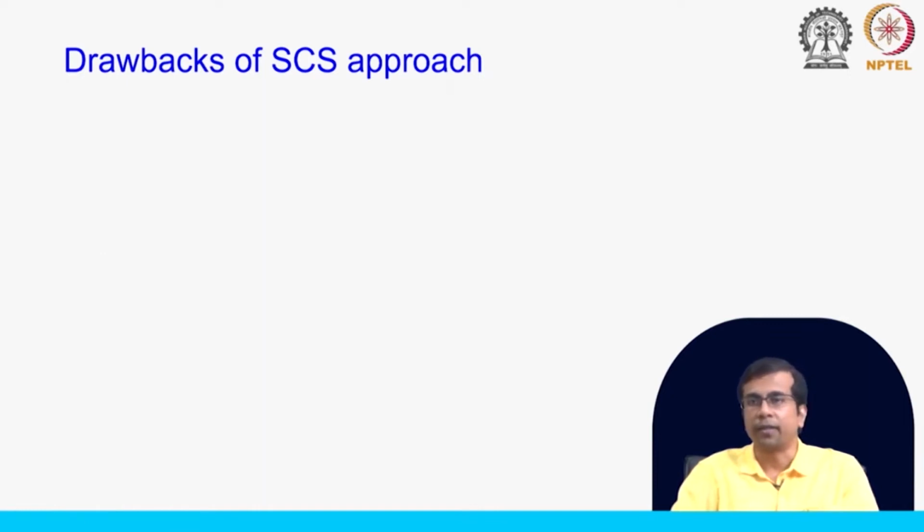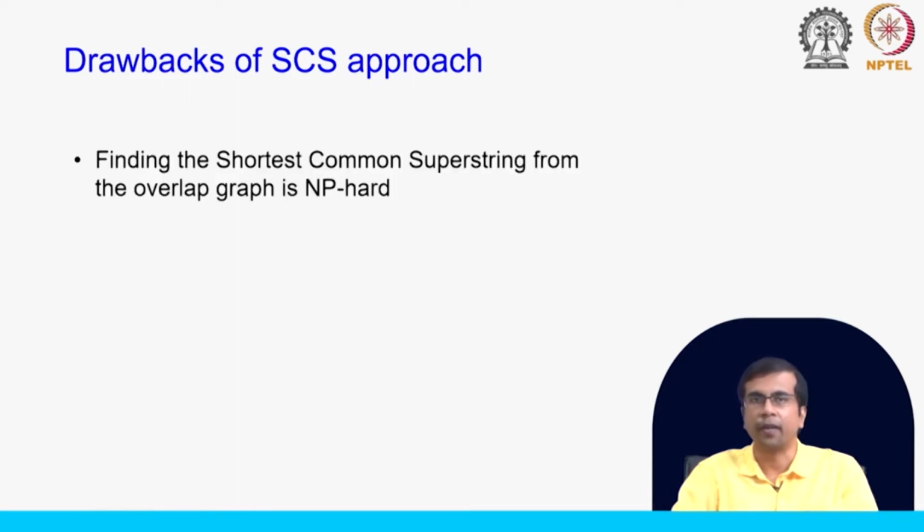Just to summarize the drawbacks of the SCS approach that we discussed in the last couple of classes. One of the challenges is that finding the shortest common superstring from the overlap graph is NP hard. We have not talked about what NP hard or NP complete is, but what I meant is that it will take a long time if we have to deal with millions or billions of reads that we get from current generation sequencers.